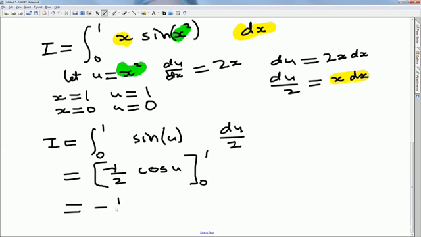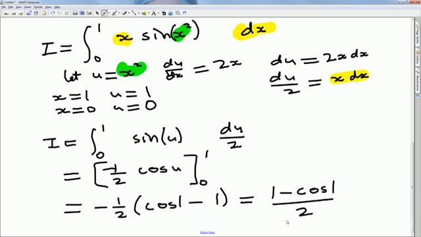Minus half I can just keep out the front. Sub in 1, I get cos of 1. Sub in 0, I get cos of 0, which happens to equal 1. Get rid of the minus sign, so that's equal to 1 minus cos of 1 all over 2, whatever that number is. That's the answer to the question.